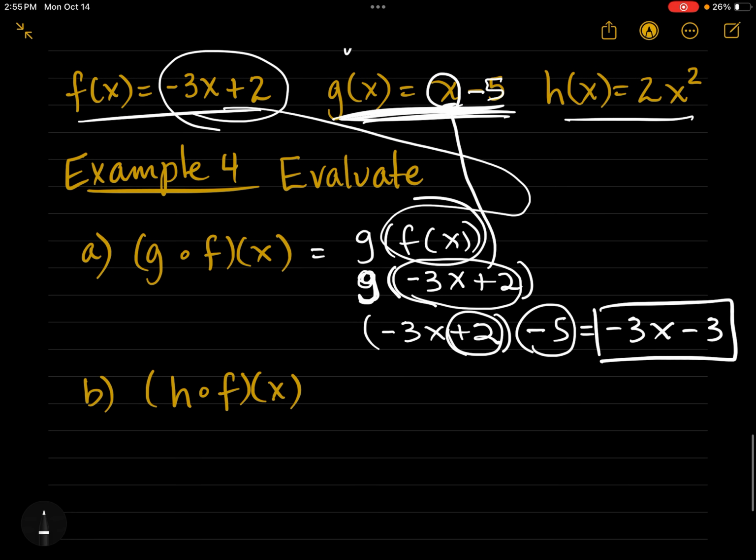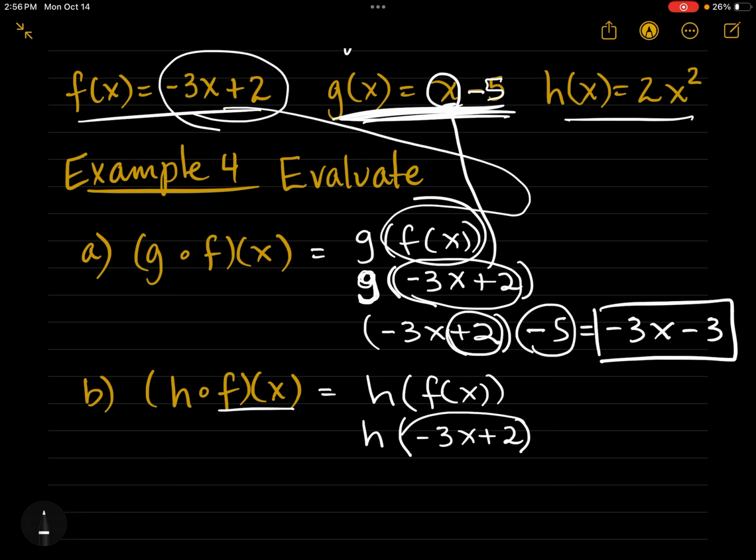Now, I want h of f of x. The second one always goes inside. So, f of x is a negative 3x plus 2. And now I'm going to take that and put it inside for x.